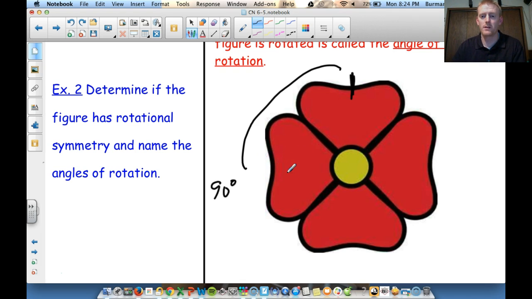And that again, folks, is our rotational symmetry. So at 90 degrees, at 180 degrees, at 270, I just keep adding 90 degrees every single time. And then of course every shape has 360 degrees because it falls back on itself again like a full circle. So that's what rotational symmetry is.